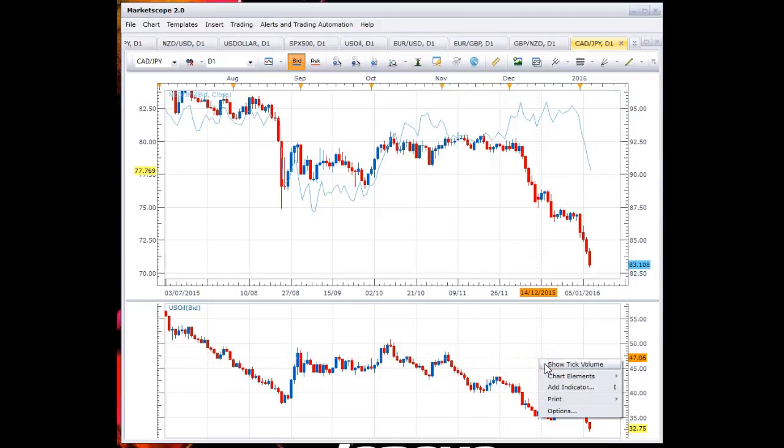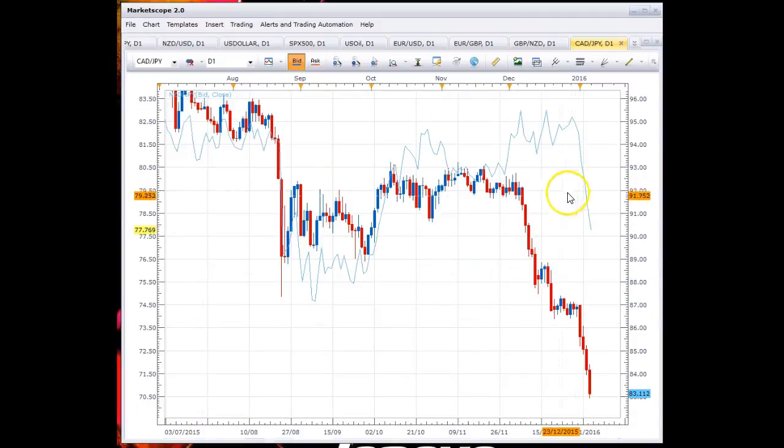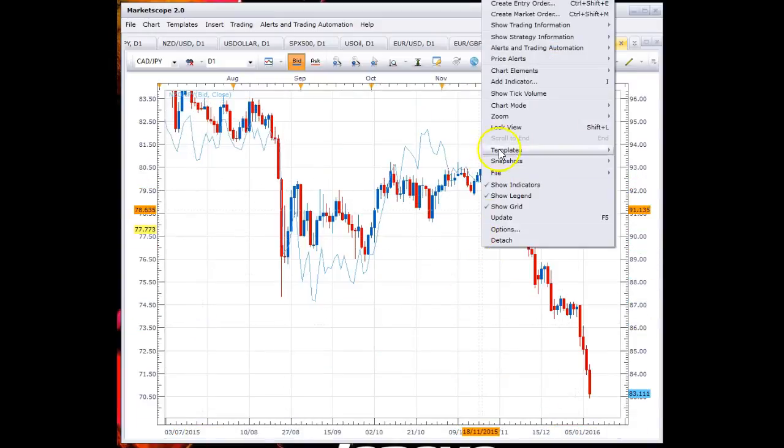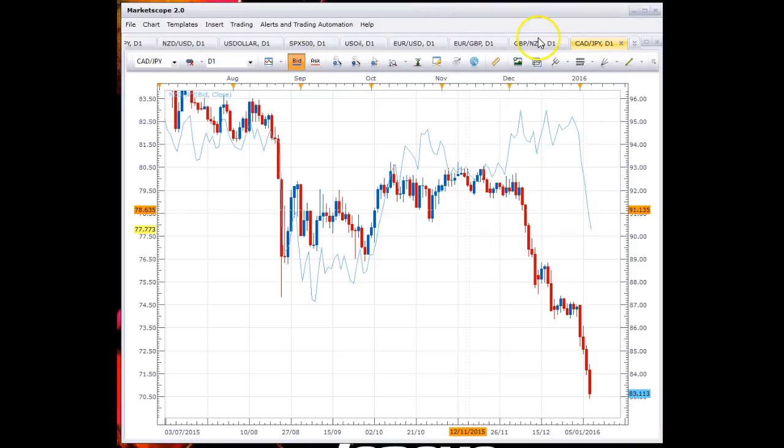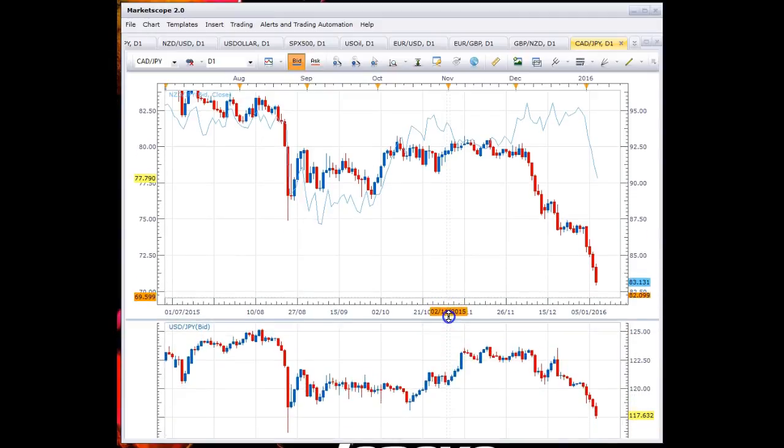But if we take this area off for a moment, I'm going to add another yen cross, which is the major currency, the US dollar Japanese yen. Let me put that on the screen.